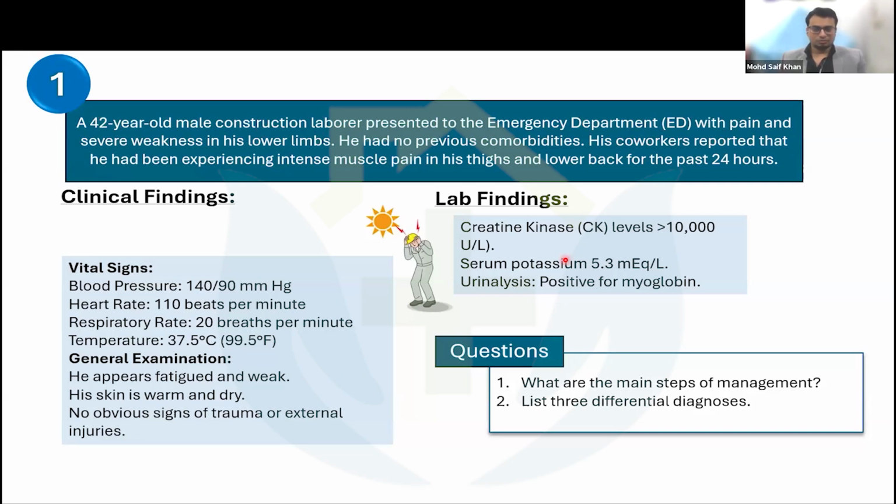So what are the main steps of management in case of rhabdomyolysis? So you have to provide hydration as you provide in case of acute pancreatitis. The same way you have to administer a lot of IV fluid. There is something called alkaline diuresis, forced alkaline diuresis. So you need to just say that I will give hydration.